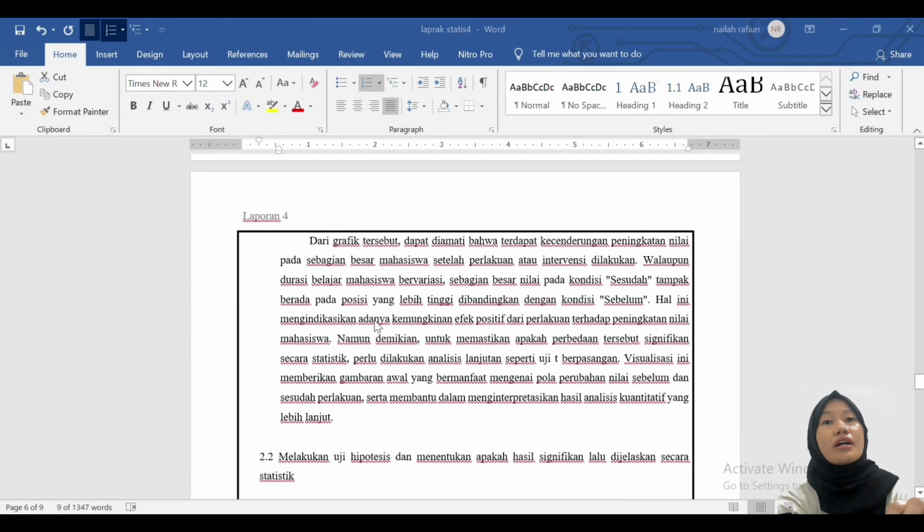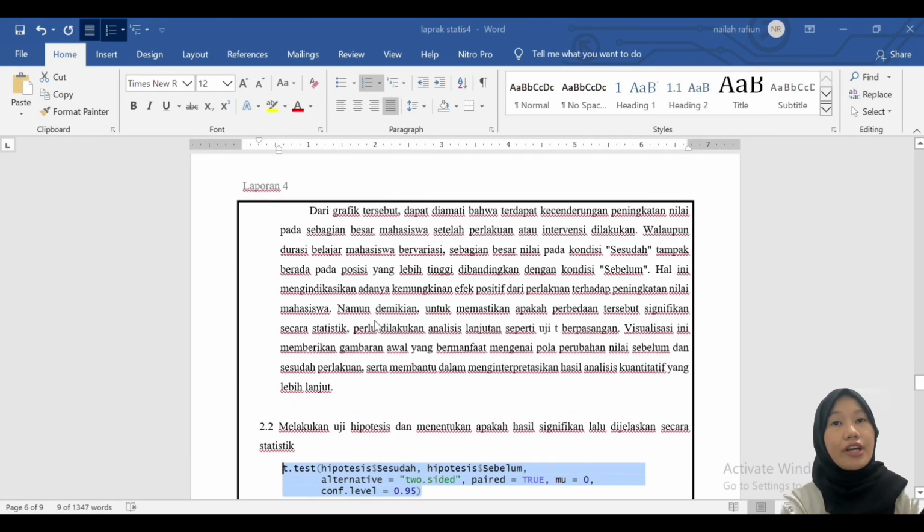From the picture above, it can be observed that there is an increasing trend in the scores of most students after the treatment or intervention. Although the student study duration varies, most of the grades in the after condition appear to be in a higher position compared to the before condition. This indicates a possible positive effect of the treatment on improving students' grades.